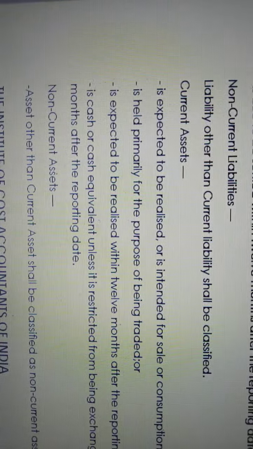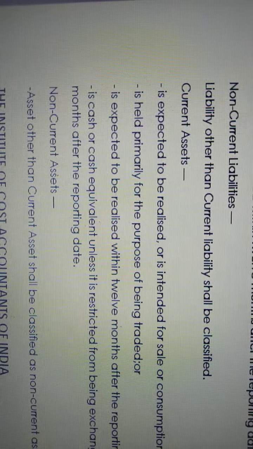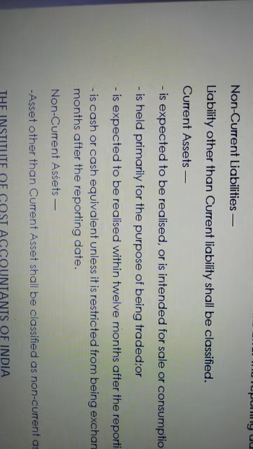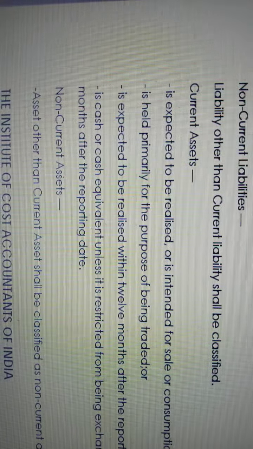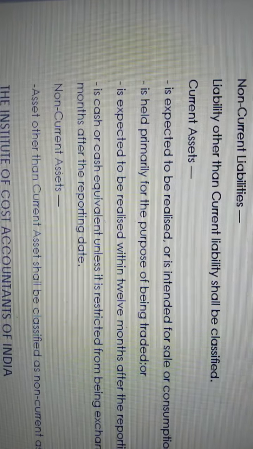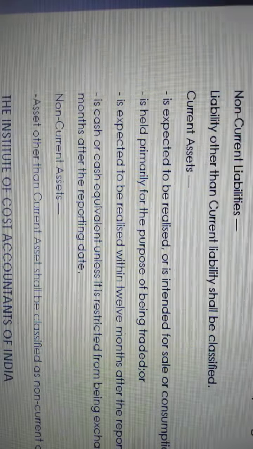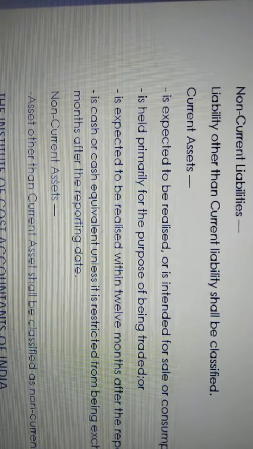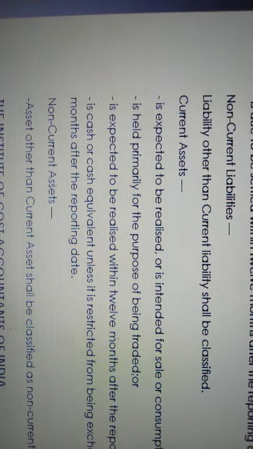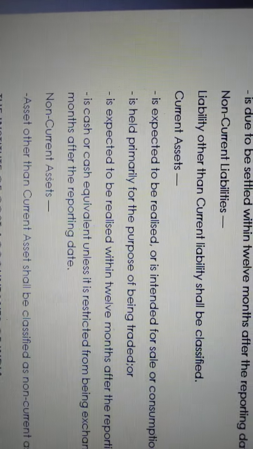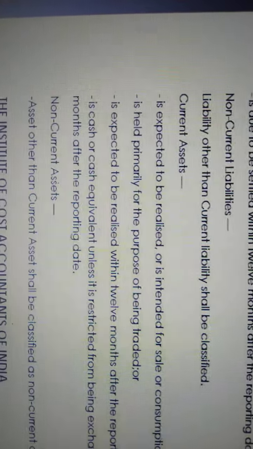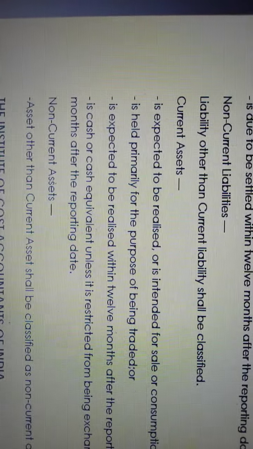First we have to check what the duration of my operating cycle is. If your operating cycle is more than 12 months, then we have to take it as current assets only. I should not say that if it is more than 12 months, I should not consider it a current asset. It is not like that. If your operating cycle is 2 years, then up to 2 years, anything is a current asset.